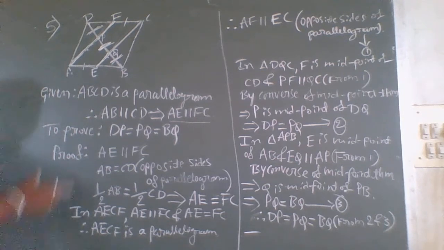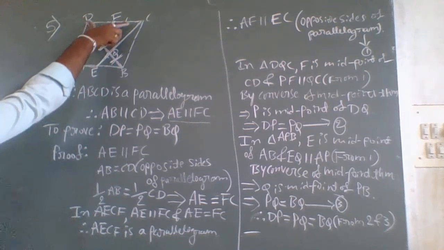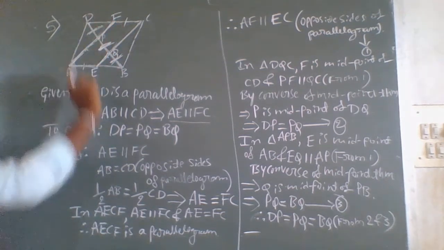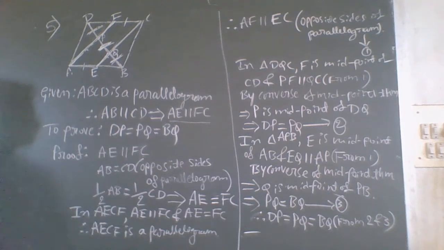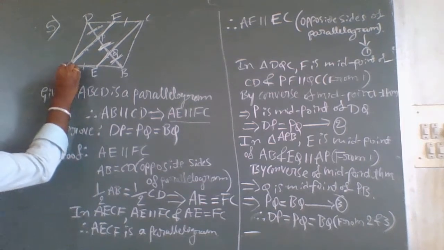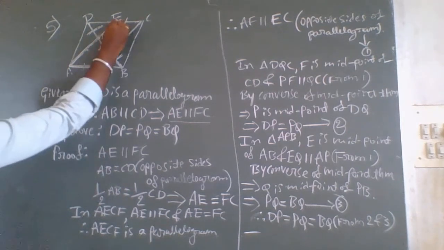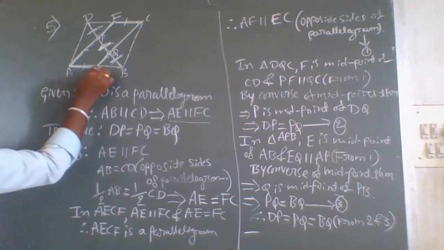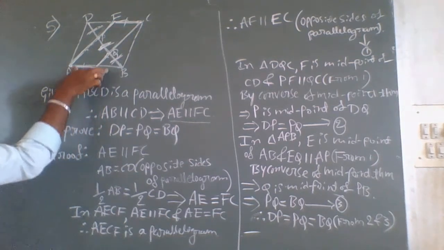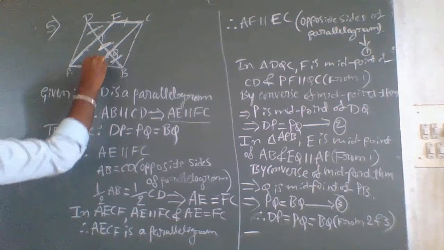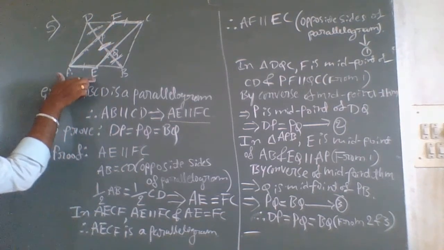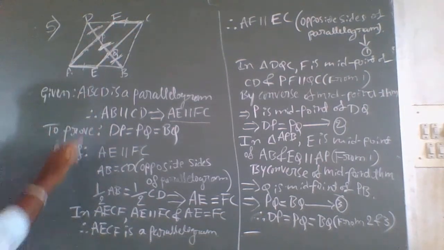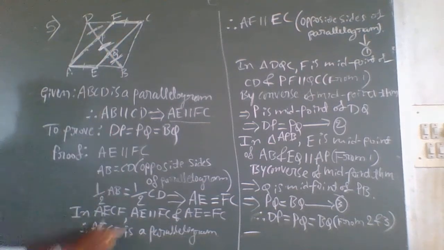So here we know that AB is parallel to CD and AB equals CD because opposite sides are equal and parallel in a parallelogram. So we got to know that AE and FC are parallel and equal because these two are parts of AB and CD, and E and F are midpoints. Therefore, AE is parallel to FC and AE is also equal to FC.